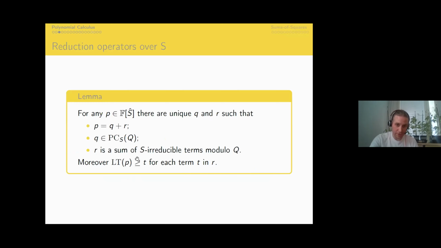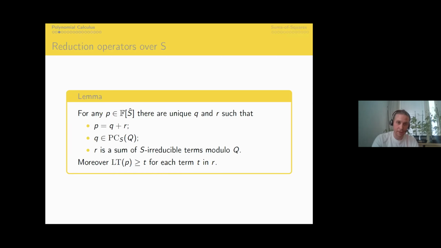And moreover, the leading term of P is always at least as large as any term in this R. So you never need to add terms that are above P's leading term.